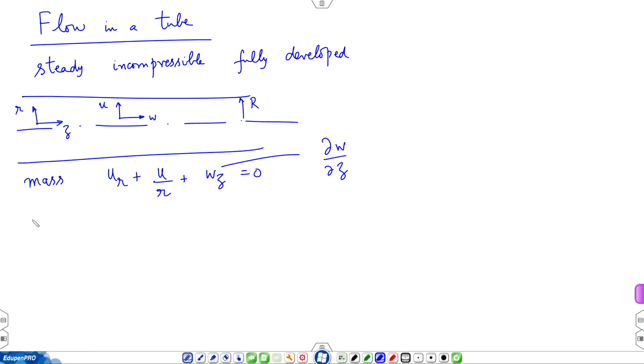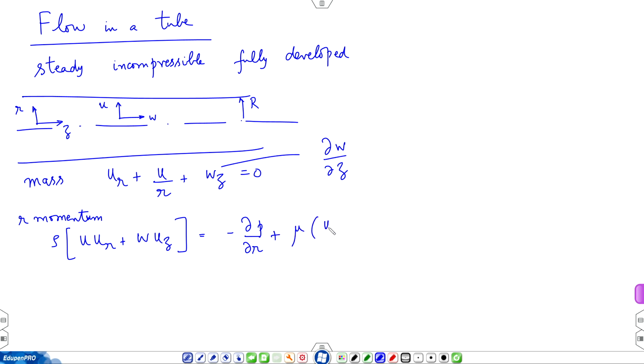So, let us write the r momentum equation, which is rho times (u u_r plus w u_z) equal to minus pressure gradient plus mu times (u_rr plus 1 over r u_r plus u_zz).